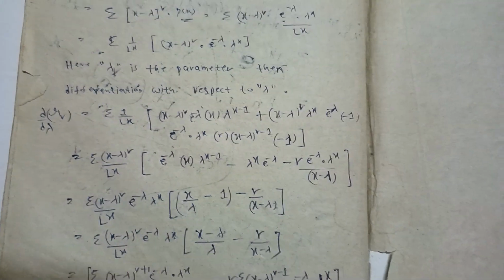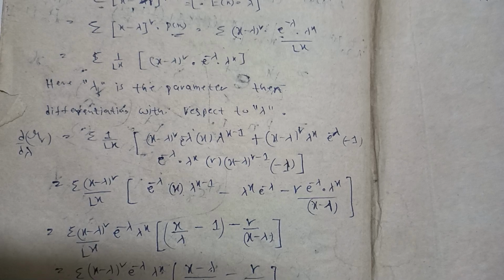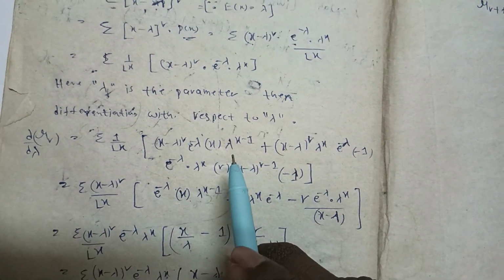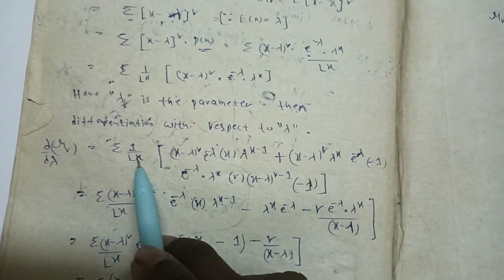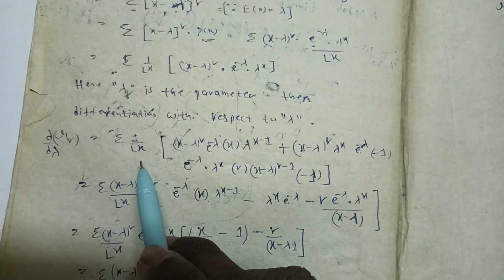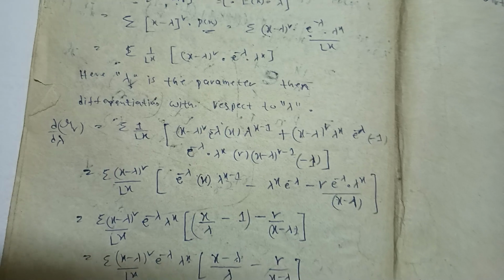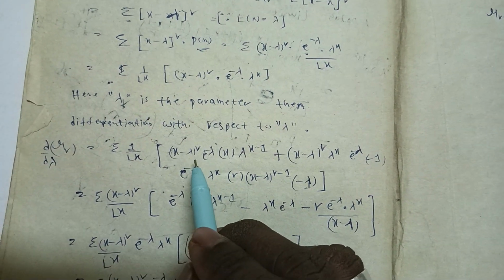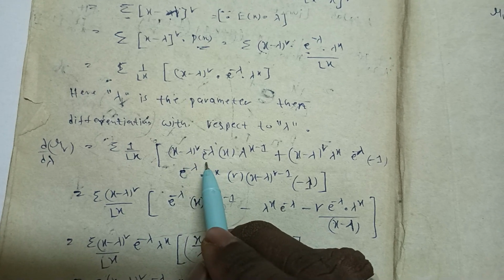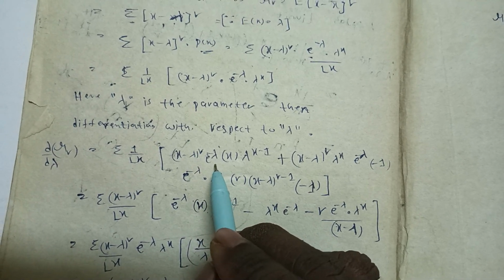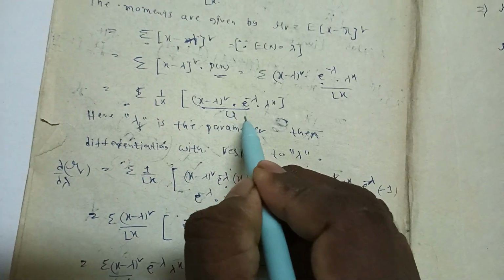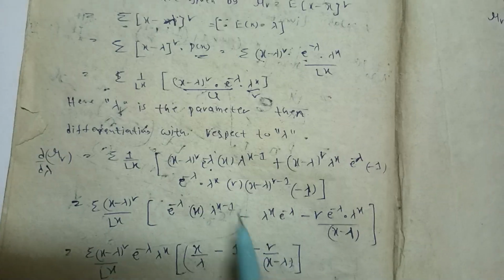So here you have to apply the UVW formula if you know, or else you can use the UV formula also. So 1/x! is common, and (x - λ)^r e^(-λ) we put as a constant, which we suppose as u, and we suppose v.